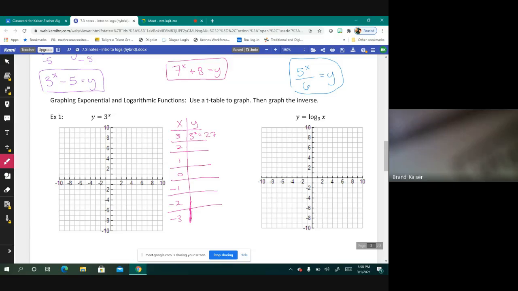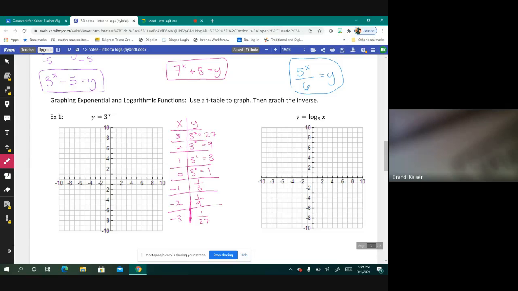So instead of 3 to the -3, we can just put 1 over 27. Maybe that saves us some time here. 3 to the second power is 9, so 3 squared is 9, which means 3 to the -2 power is 1/9. The next row, 3 to the first power, that's 3. So 3 to the negative first power is 1/3. And then lastly, 3 to the 0 power, that is 1.